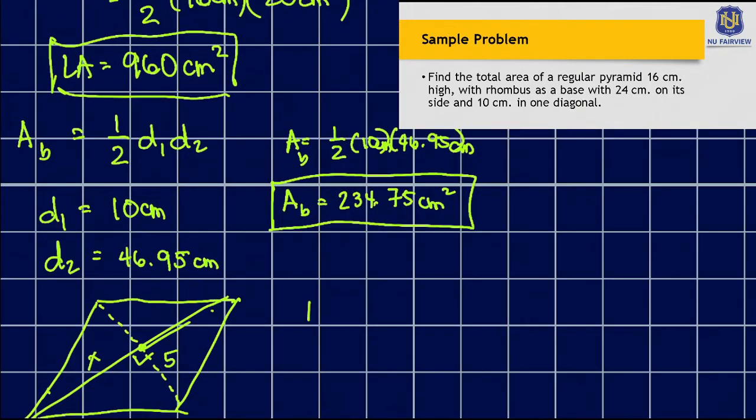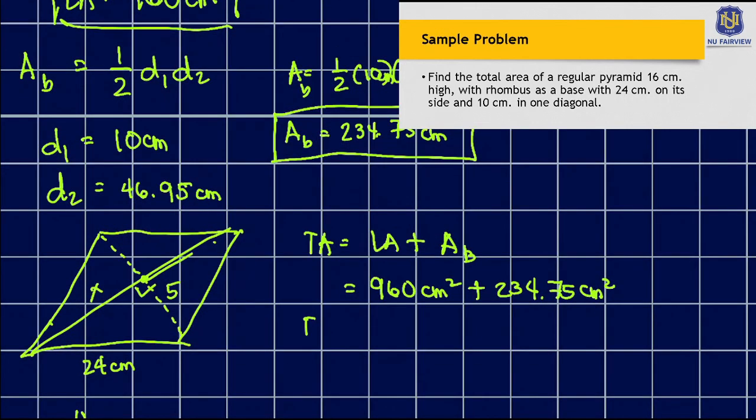So, total area is equal to lateral area plus area ng inyong base. So, that would be 960 centimeters squared plus 234.75 centimeter squared. And, makukuha nyo na yung total area nyo, which is equal to, so paki-add nga po.